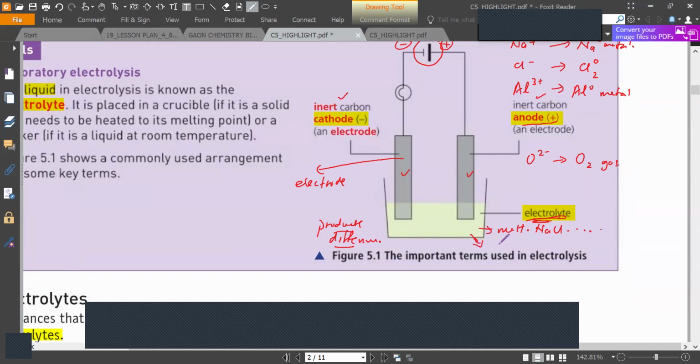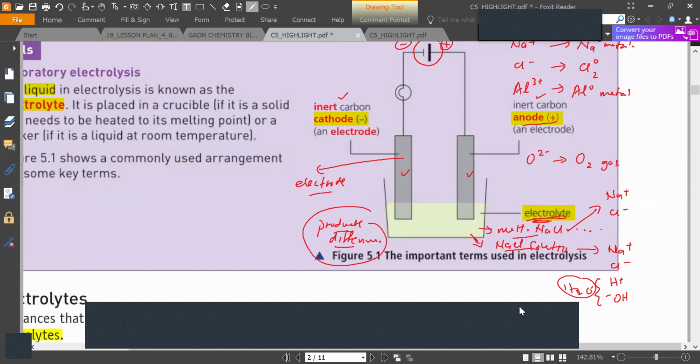Or we have a sodium chloride solution. In the molten case, we have two ions only, sodium ion and chloride ion. In the solution, we will have sodium ion, chloride ion, and also hydrogen ion and hydroxide ion coming from the water. So it depends on the setup and conditions, and we will get different products.